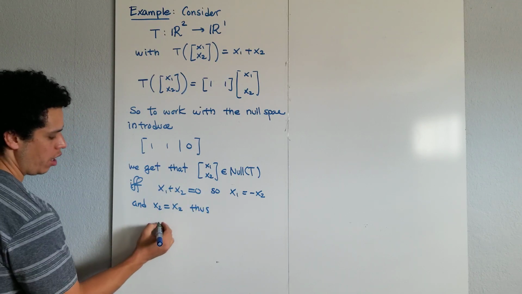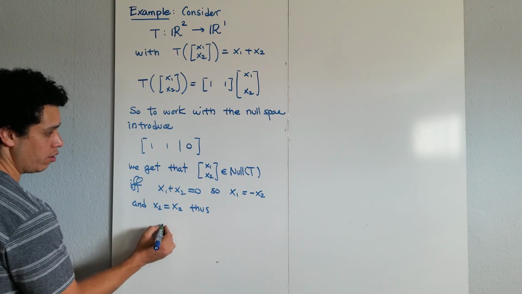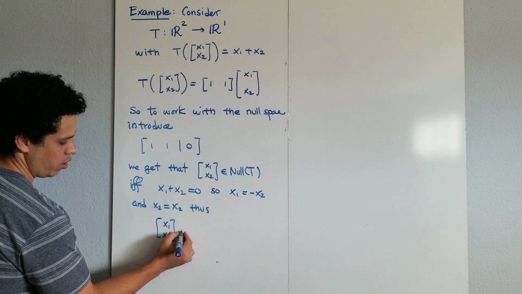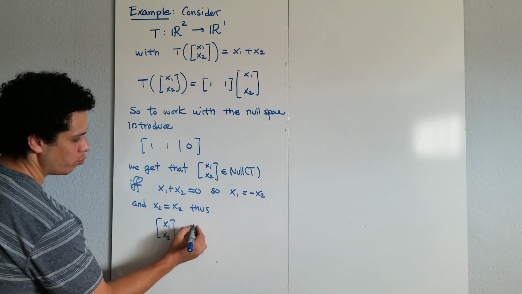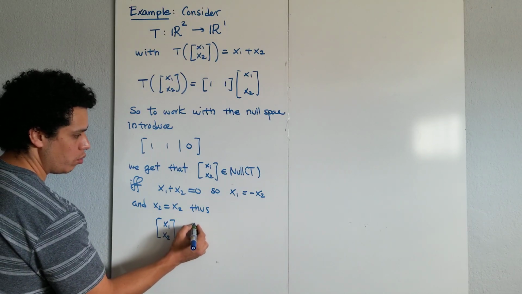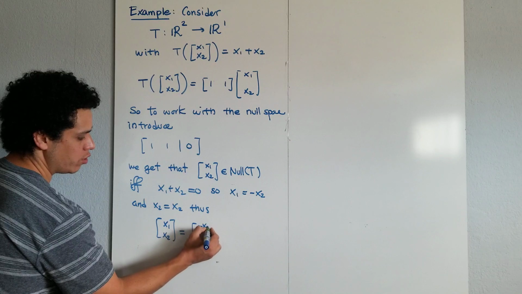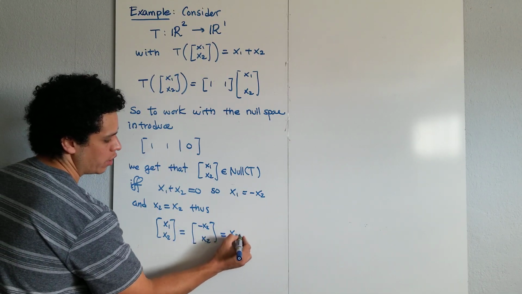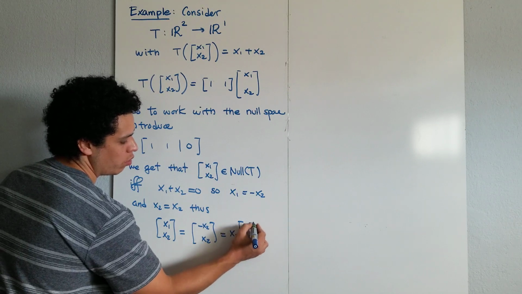Thus, I have this: x1, x2 is equal to negative x2, x2, which is equal to x2 times negative 1, 1.